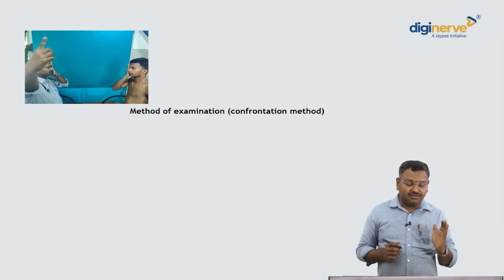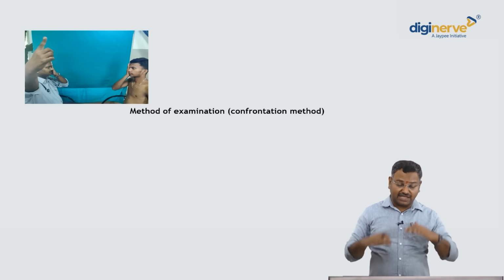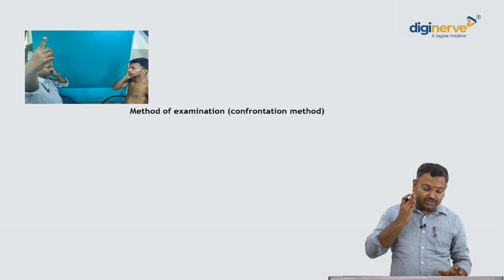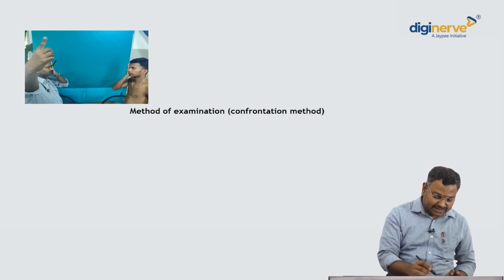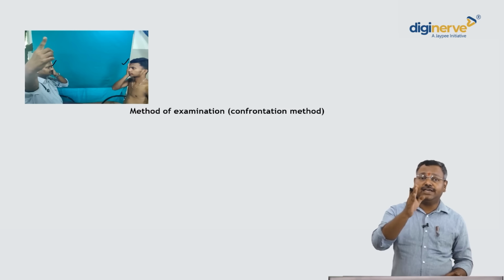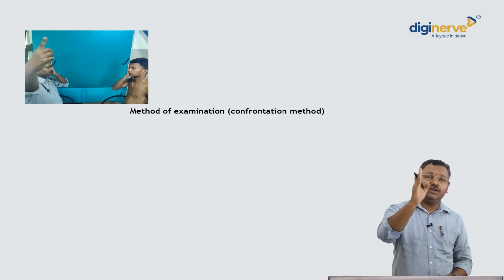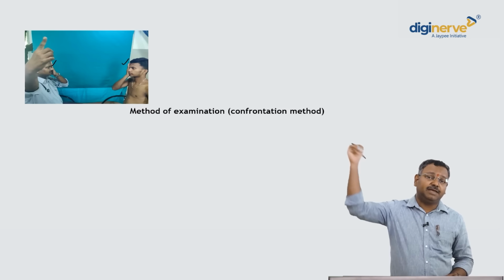You sit in front of the patient, very importantly at arm span distance, at the level of the patient. You close one eye, and the patient has to close the opposite eye, so the same sided eyes are closed. Then you ask the patient to look at your eye, not to the side. The patient should continuously look at your eye, and you bring your moving finger in from the peripheries.